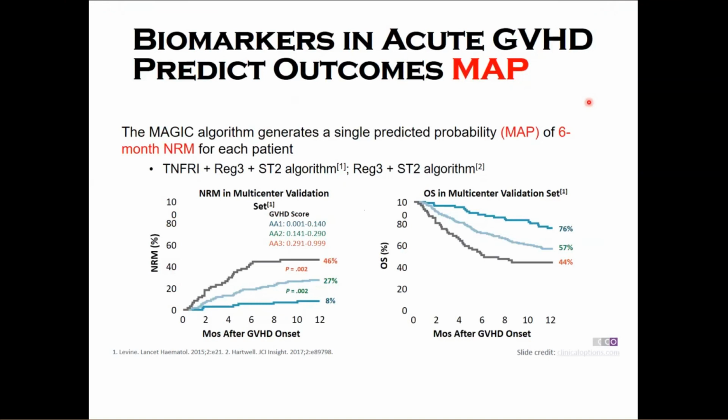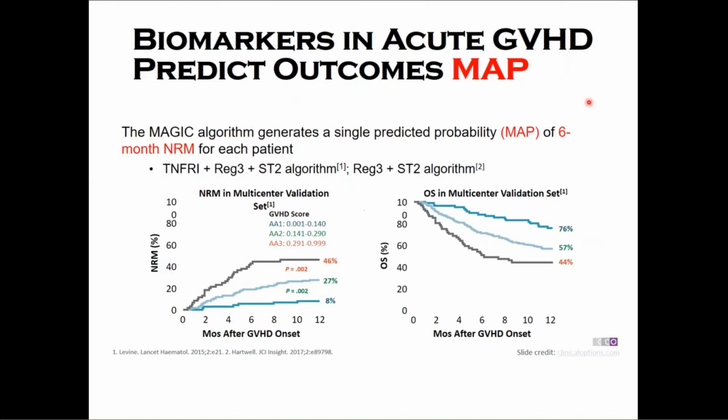The MAGIC algorithm combines the two biomarkers ST2 and REG3 alpha into a single value that estimates the probability of lower overall survival and worse non-relapse mortality for an Ann Arbor staged acute GVHD at 6 months.